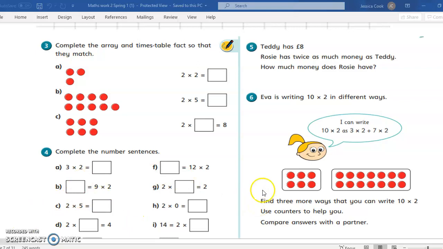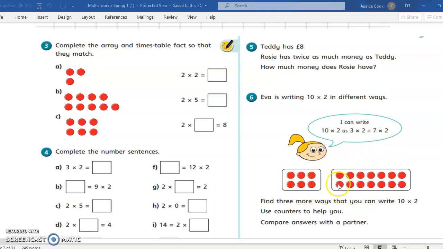So we can write 10 times 2 as 3 times 2, which is represented by these arrays here, isn't it? Because I can see 1, 2, 3, and I can see 2 in each group. And then we can add together 7 times 2. So we've got 3 times 2, which is 6.